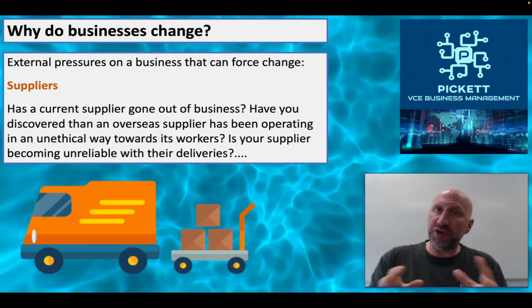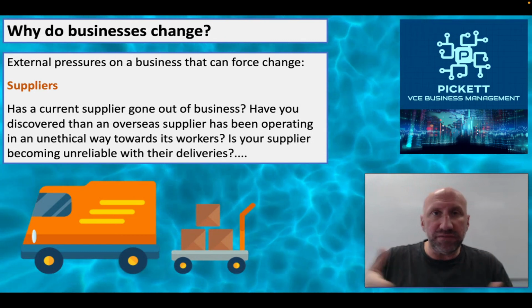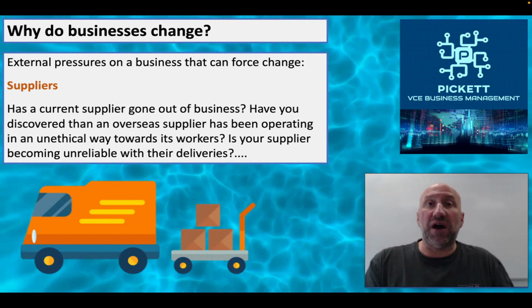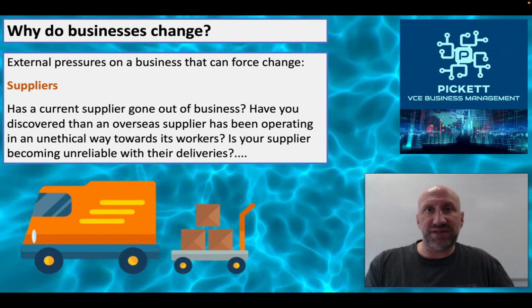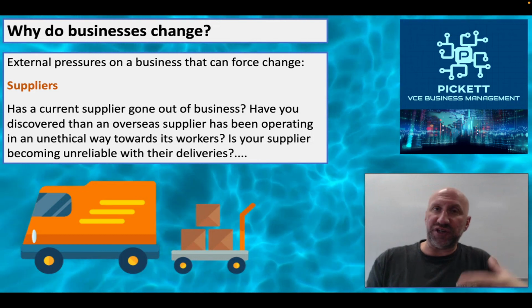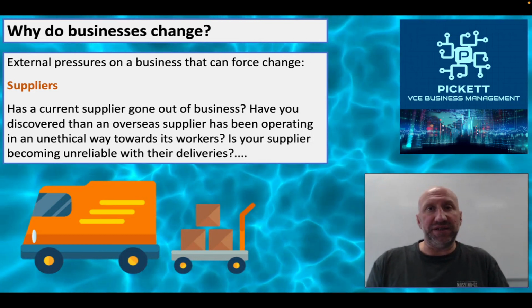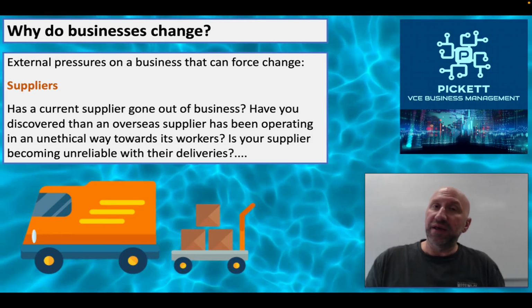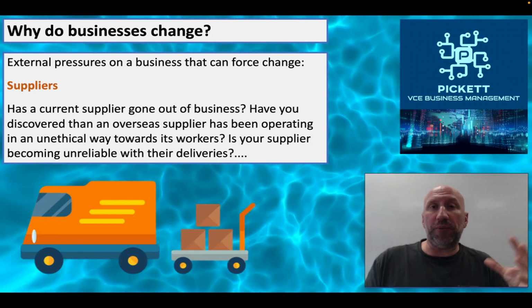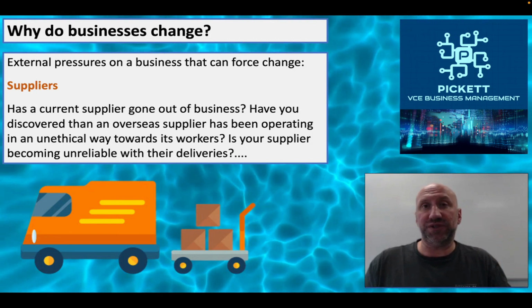Suppliers. Again, from the operating environment, we deal with, interact with and liaise with our suppliers. Has your current supplier actually gone out of business? That's pretty dramatic. If so, obviously the change we need to make pretty quickly is to find a new supplier. Have you discovered that an overseas supplier has been operating in an unethical way towards its workers?